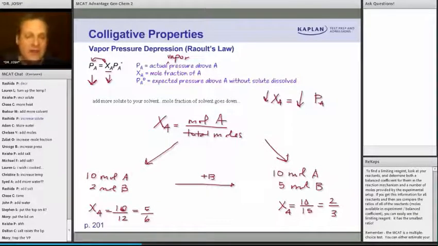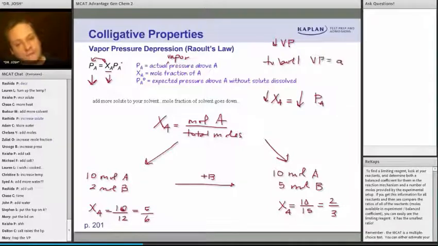So note, and this is something that gets a lot of people in trouble and costs a lot of points on testing: we have lowered the vapor pressure. To boil, vapor pressure has to equal atmospheric pressure. How do you get more vapor pressure? You increase the heat. You add more to it.